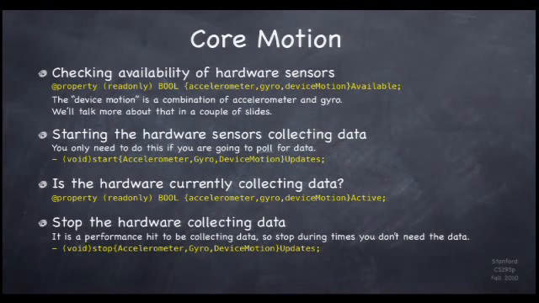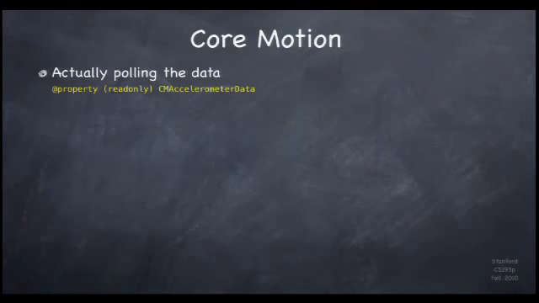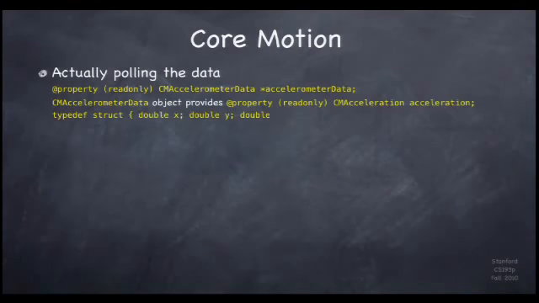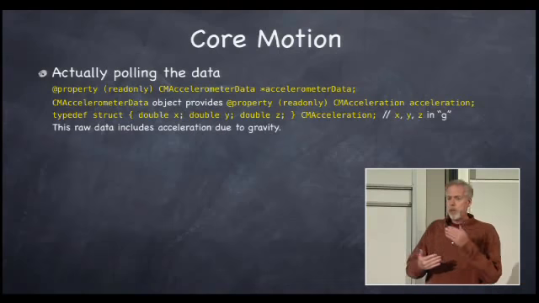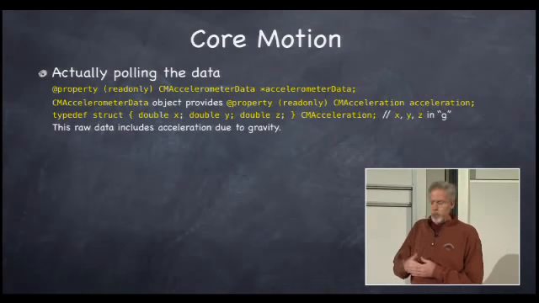Same with core location, right? You don't want it trying to look for GPS satellites when you're not actually caring about where you are right now in your program. Same thing here. You don't want to be finding out what's going on with the accelerometer and gyro when that's not happening. So that's how you start: you check to see if it's available, you start it, and you stop it. And in between, you do this polling.